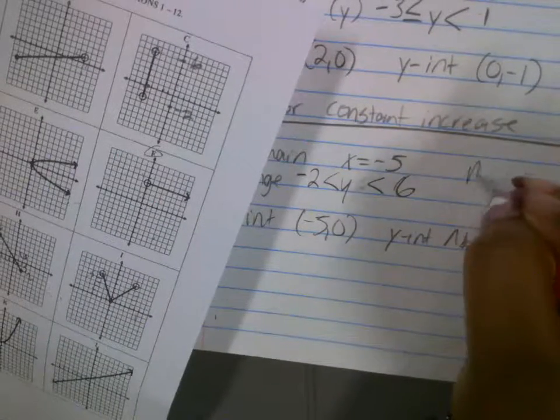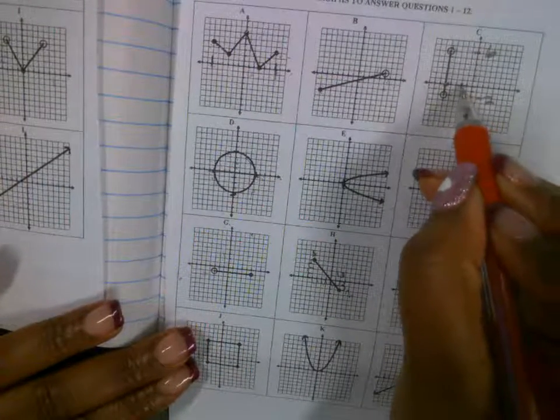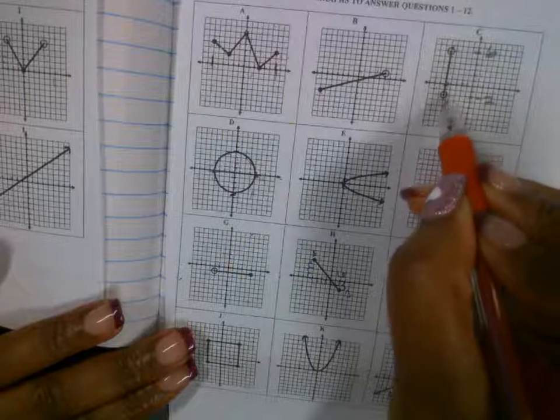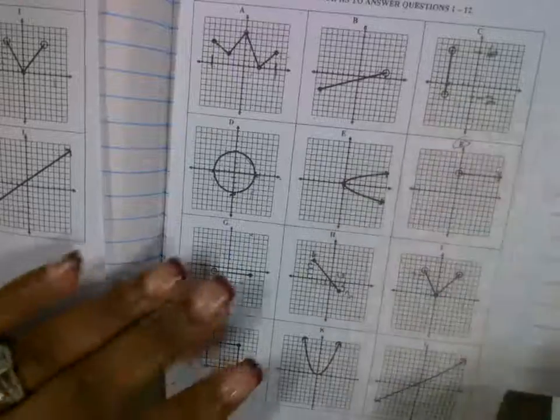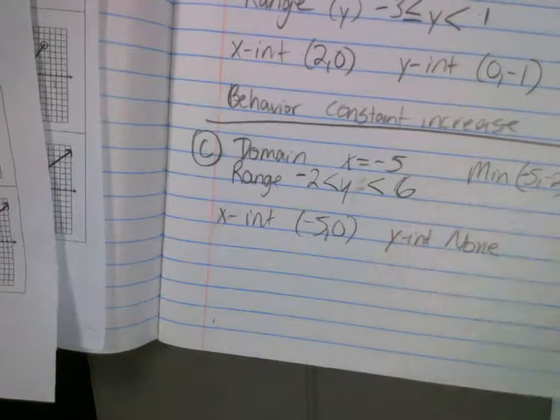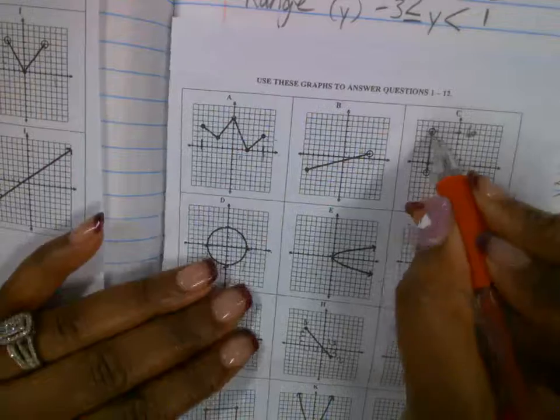Okay? So now we're doing min and max. Your minimum point is the smallest. That's down this way. That's negative 5 and negative 2. Got it? Maximum is the highest point on the line. That's up this way.